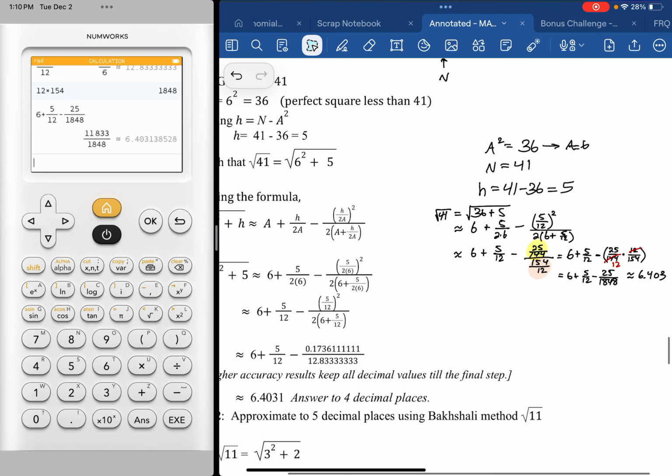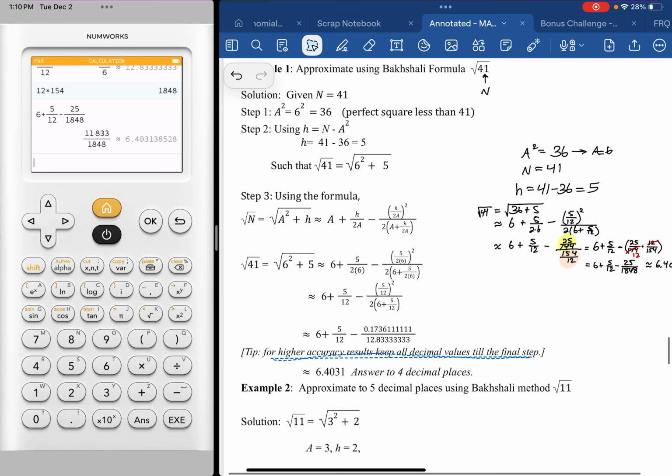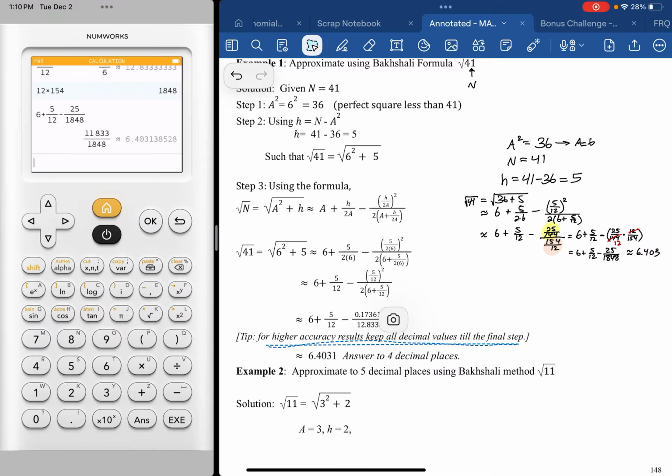All good. The one little tip there: we tend to want to stay either with all decimal values, so write out the entire, you see all this crazy decimal stuff here, or just leave it in fraction form. These calculators these days can handle fractions pretty well, and they're not as burdensome as they used to be.